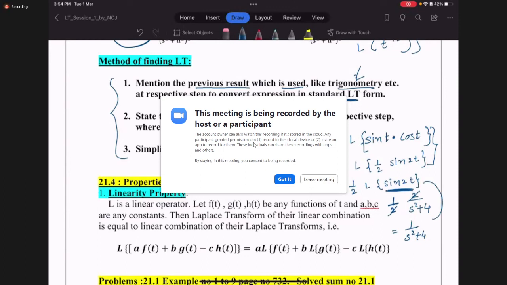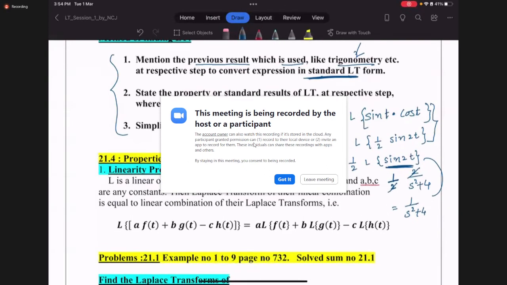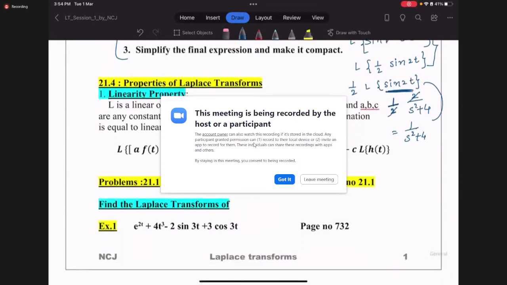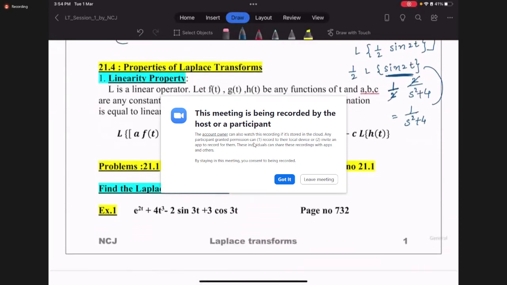Okay? State the properties or standard result of Laplace transform. बता दो कि हमने ये वाला use किया. Simplify for the final expression. Make it compact. Fine? ये linearity property है. Please see this property and tell me क्या है ये?